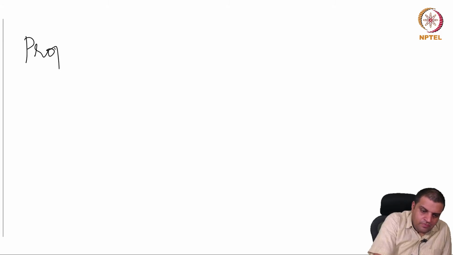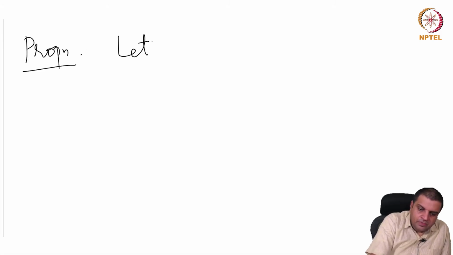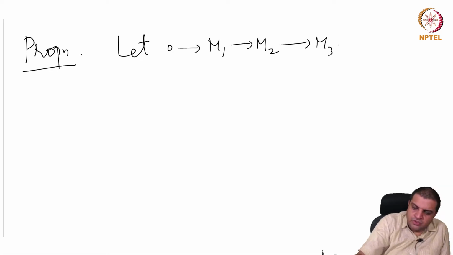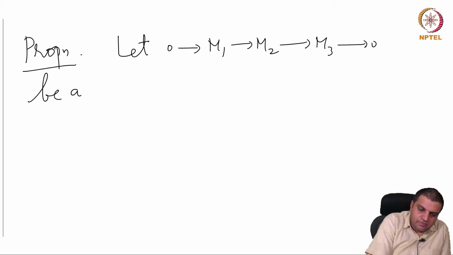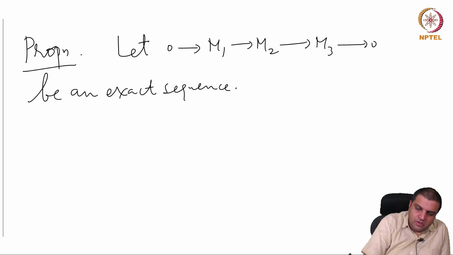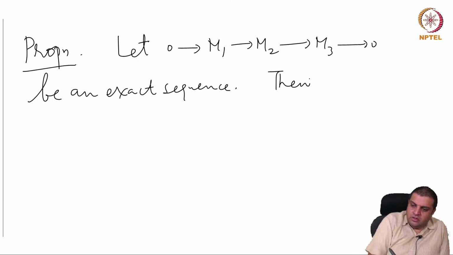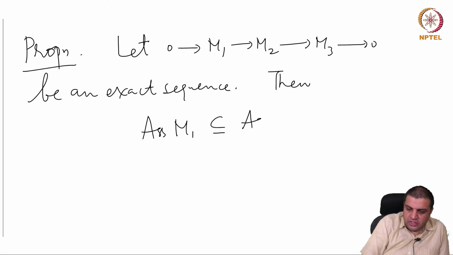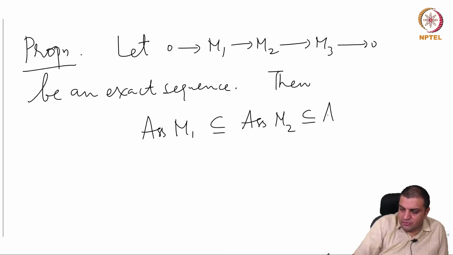Proposition. Let 0 to M1 to M2 to M3 to 0 be an exact sequence. Then the associated primes of M1, the first module, is a subset of the associated primes of M2, which is a subset of the union of the associated primes of M1 and the set of associated primes of M3.